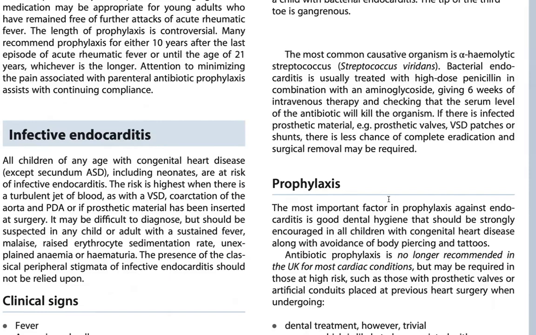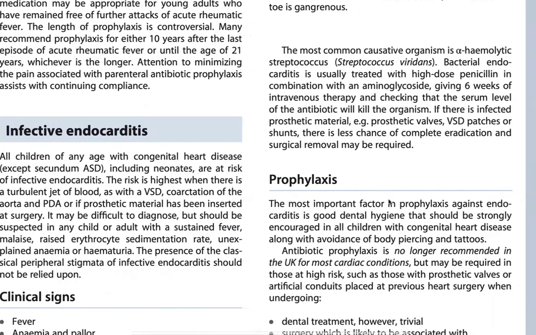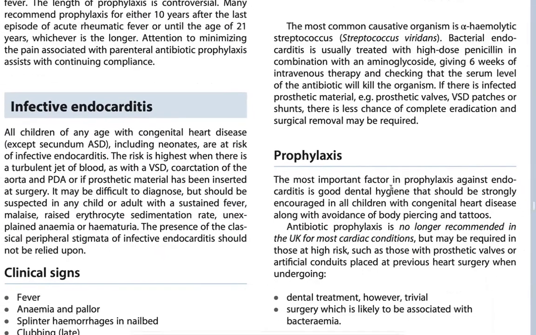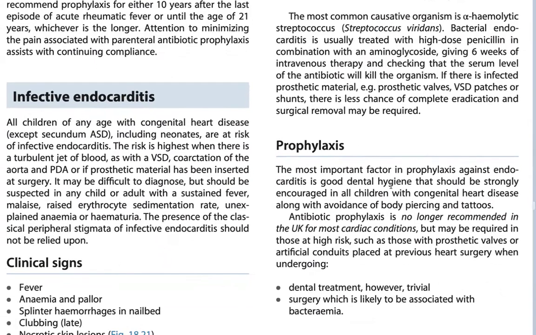A prevalent jet of blood, the practitioner has been PDA. If this happens, the surgery will be clearly diagnosed, which could be suspected at any found or other to the system.